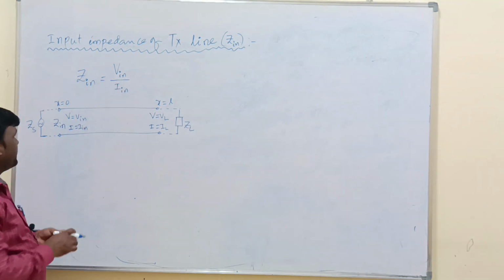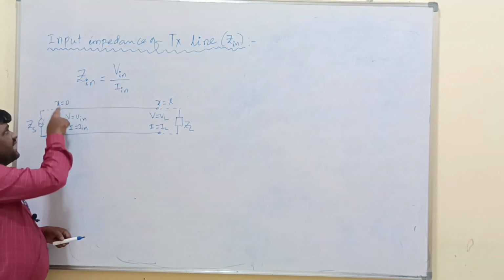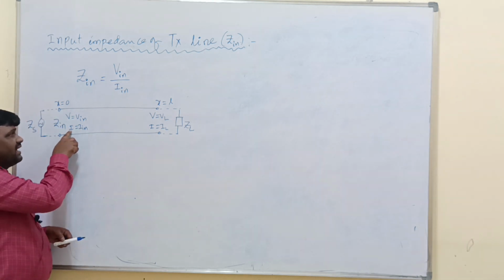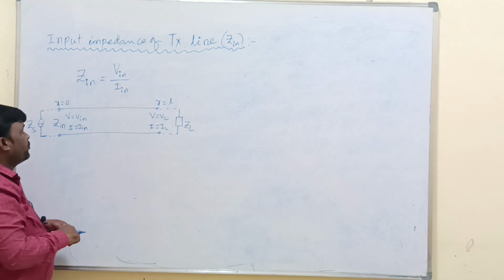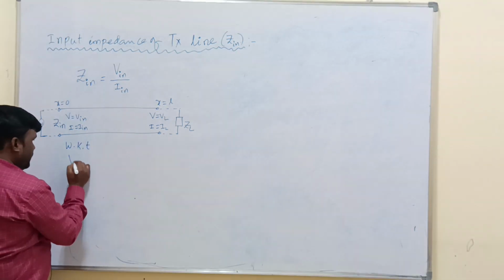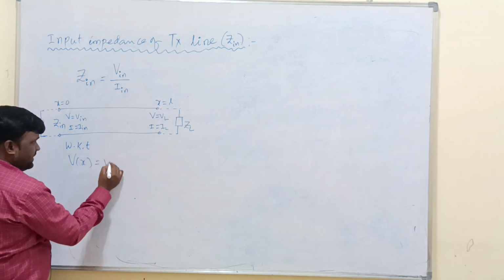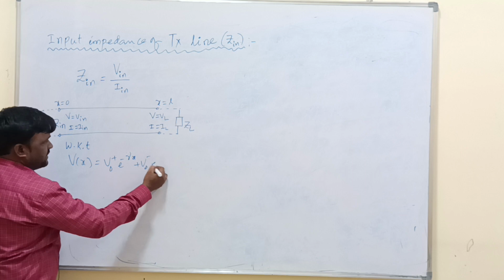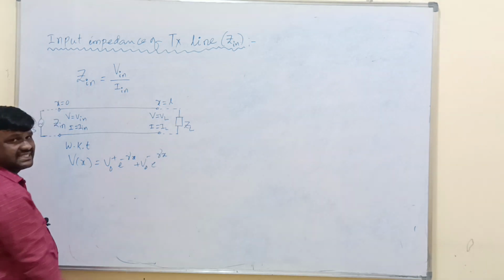Vin is nothing but the voltage at x equal to 0 on the transmission line, and Iin is nothing but I at x equal to 0. We know that V of x is equal to V naught plus e to the power minus gamma x plus V naught minus e to the power gamma x.